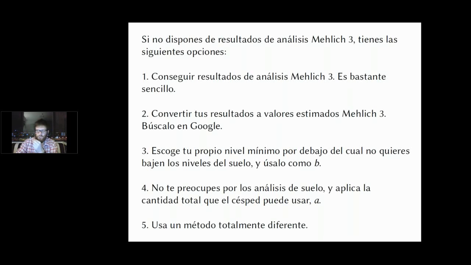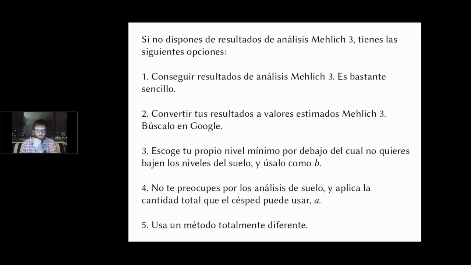It's not difficult, and it's not too expensive. However, if you have soil tests from a different method, you can convert it. It won't be exact. There's some error introduced when you use these conversions, but there are equations that allow you to convert some common soil testing methods to estimated values in Mehlich 3. You can search for that on Google.